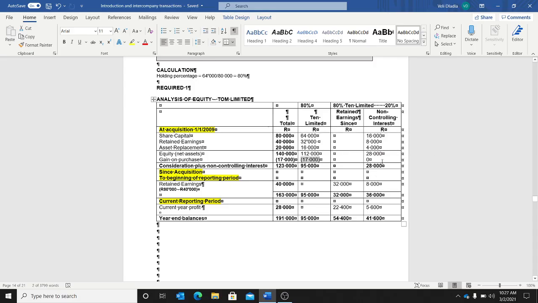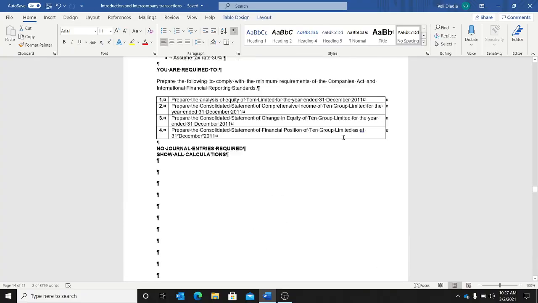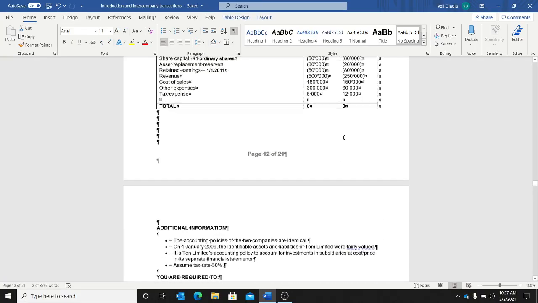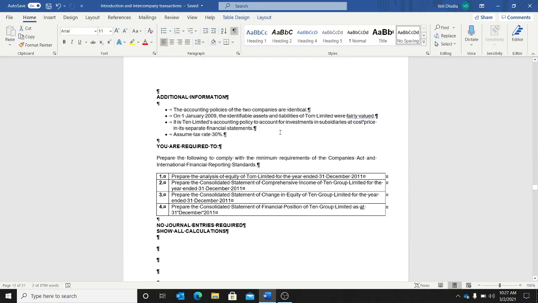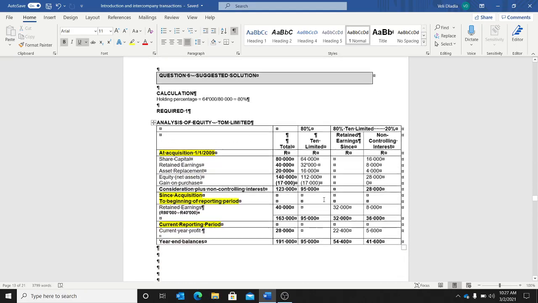Right, then we come to this side. You've got your 16, your 8, and your 4, they add up to 28. Now, let's go and check if there's a sentence that talks about the fair value of non-controlling. Right, I'm looking at this. There's nothing here that talks about fair value of non-controlling, which means use the figures as they are.